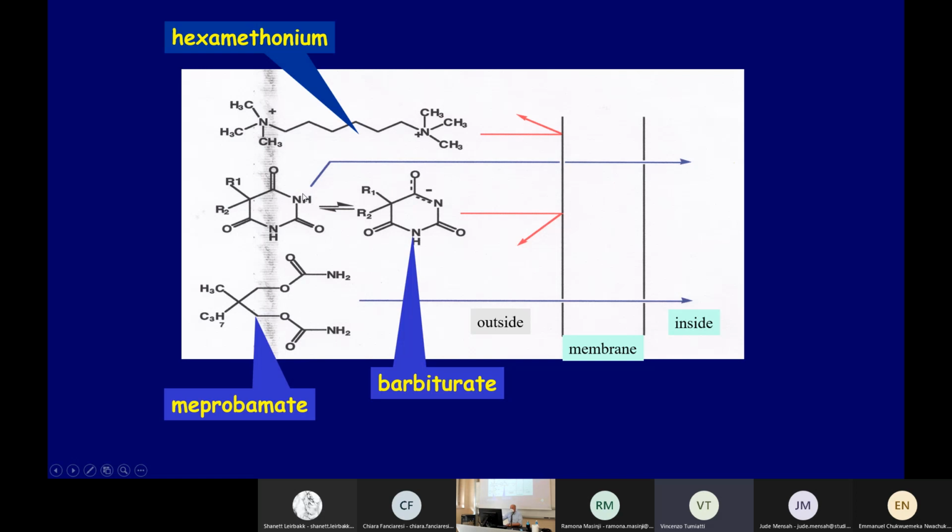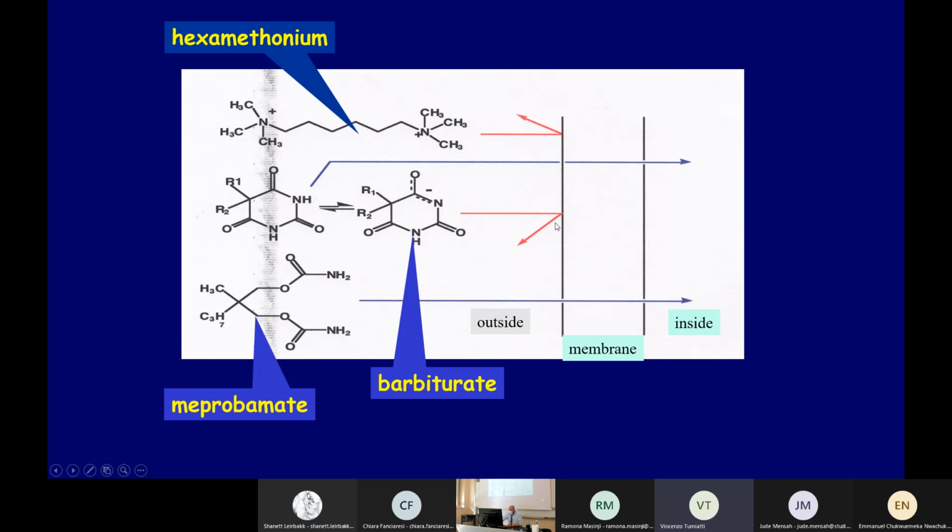You see there is an acidic proton here, like an organic acid. And this proton is acidic, and so we can have the charged form.